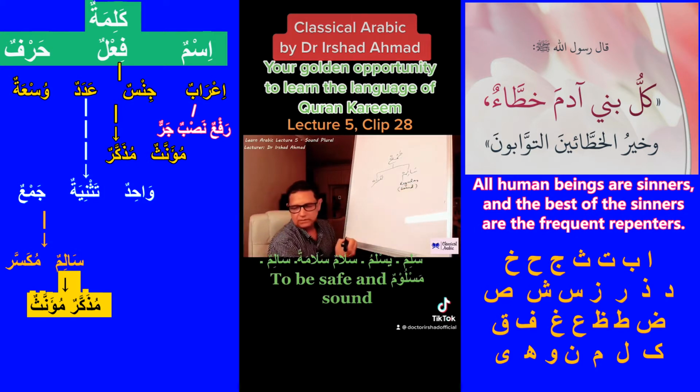And salima yaslamu salamun or salamatun basically means to be safe and sound, healthy, not sick, be content, be peaceful, in peace, in safety, in security, those kind of meanings.